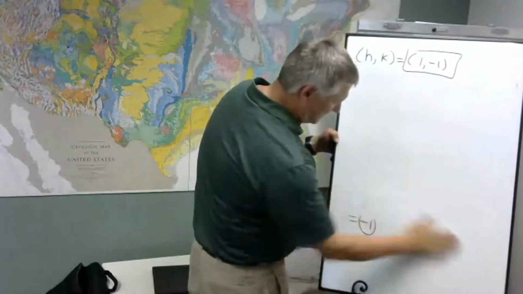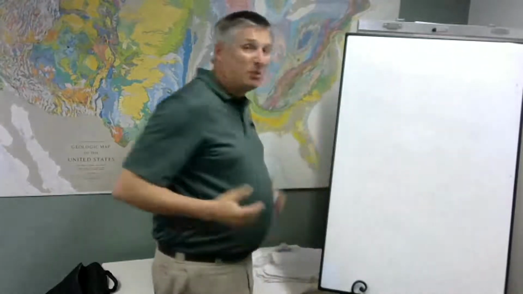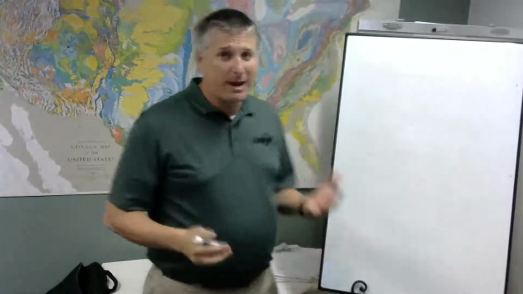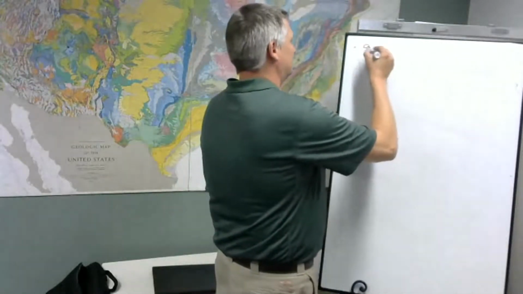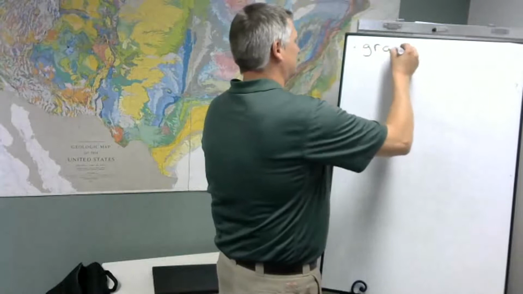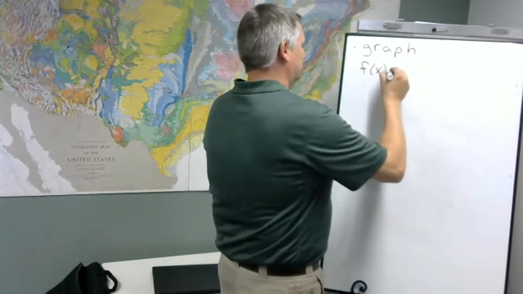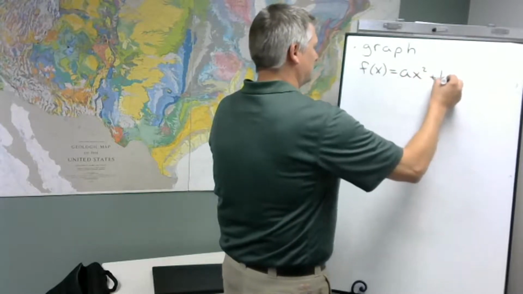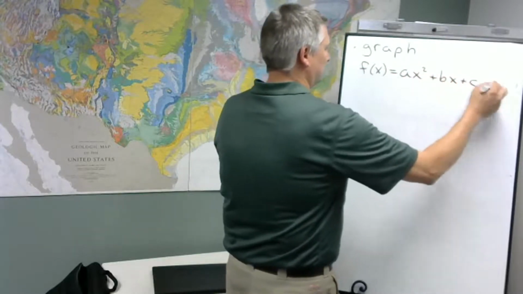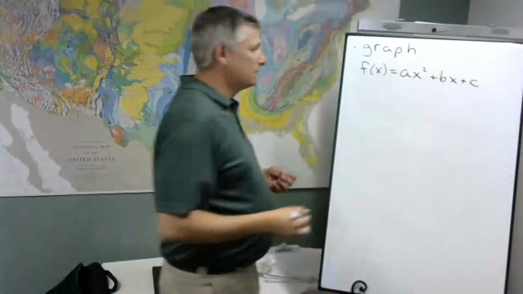All right. Well, the next thing we're going to be asked to do is put all this together. Let's try to graph a parabola. So to graph this, what we're going to do?